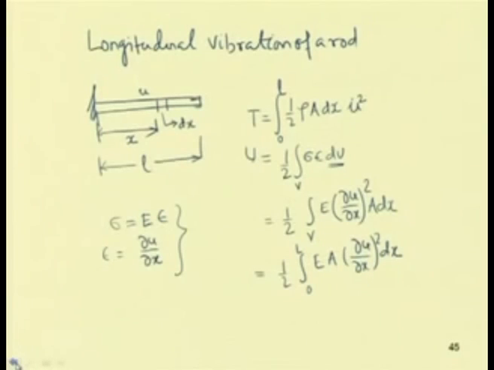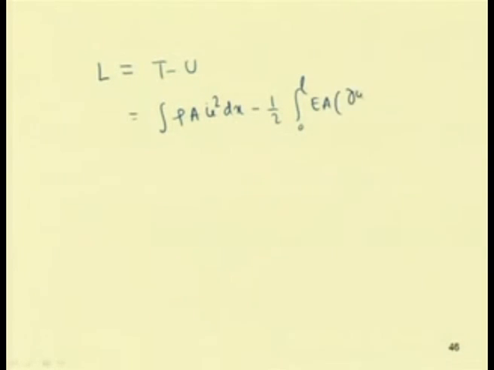This T minus u can be written as integration 0 to L, and this T we have already written, half rho A u dot square dx, minus half integral 0 to L E A del u by del x whole square dx. So, now let me use Hamilton's principle to derive this.